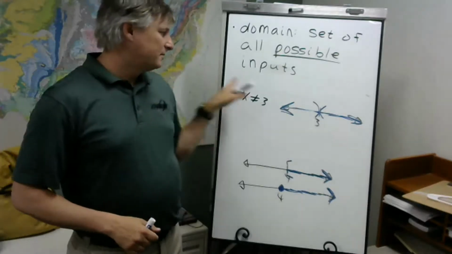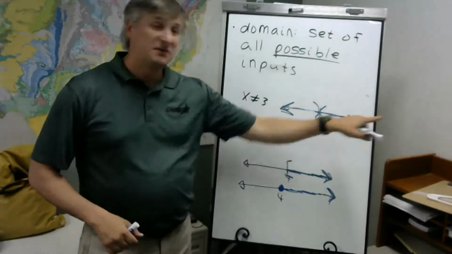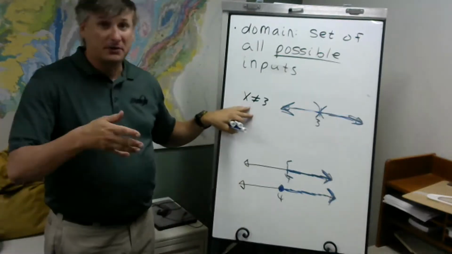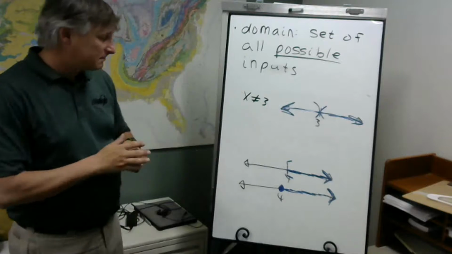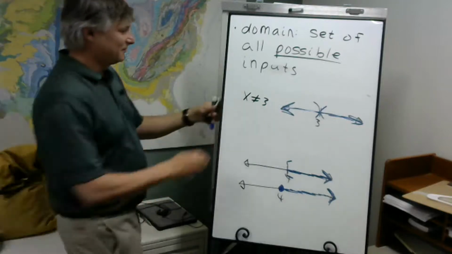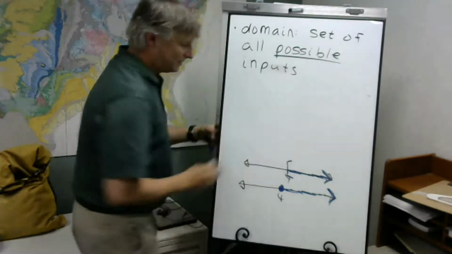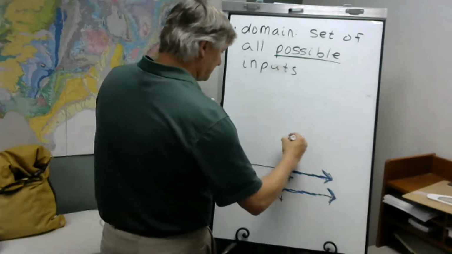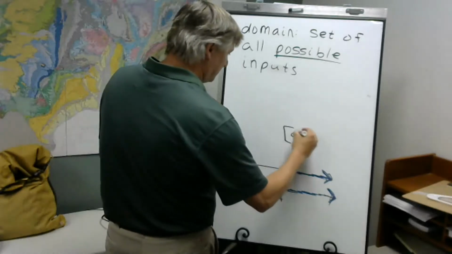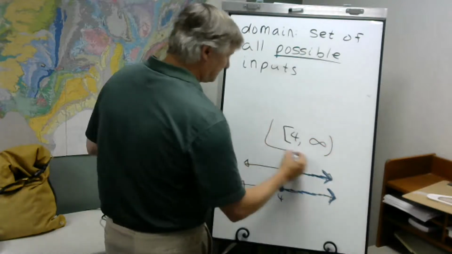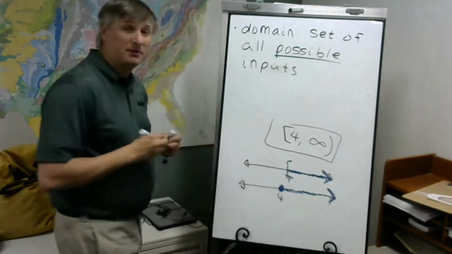So parenthesis facing that way, parenthesis facing that way. That would be for the other example previous to this. But we're looking at this. So what this would be is a set. The interval would be 4 to infinity. And that would be your domain.